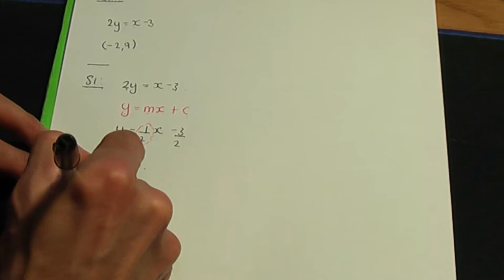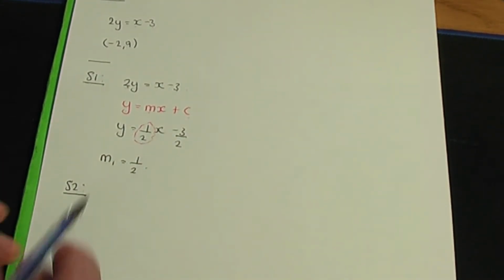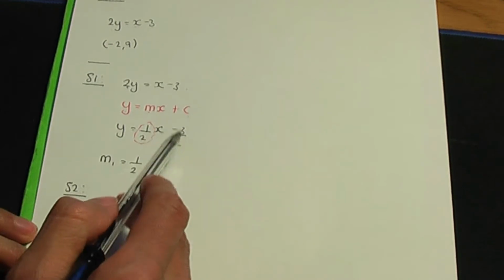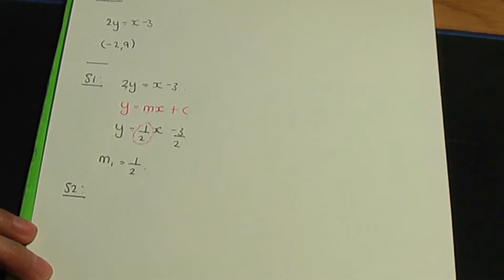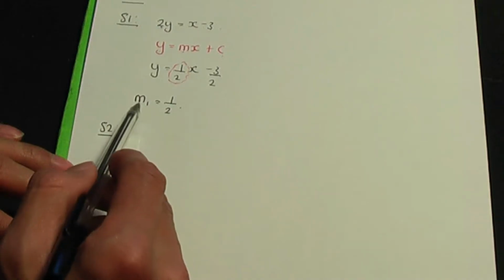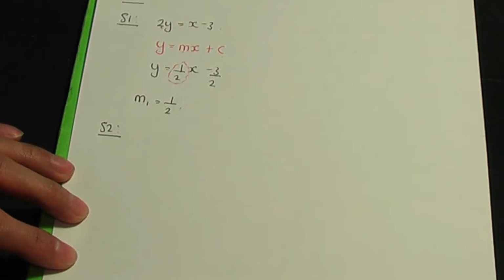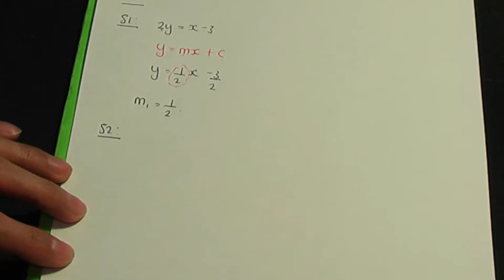Now in step number 2, the line that we're calculating is perpendicular to this line. So remember, going back to the screenshot, if two lines are perpendicular, m1 times m2 is equal to -1. Back to the paper and pen, m1 is the gradient of the line in question, and the gradient of the line that we're going to calculate, I'm going to call m2.